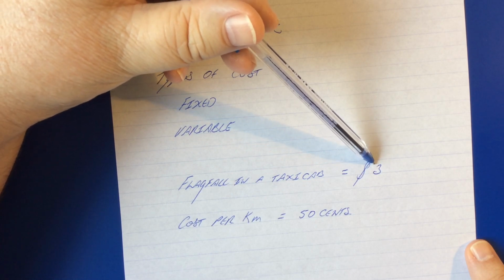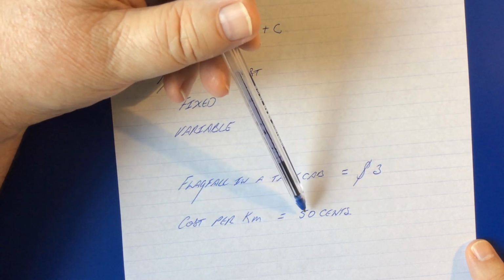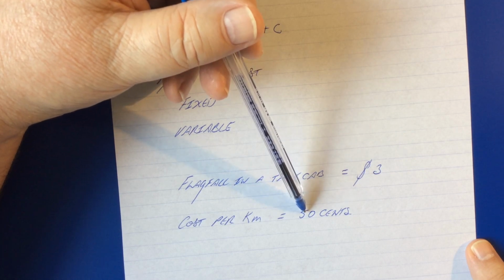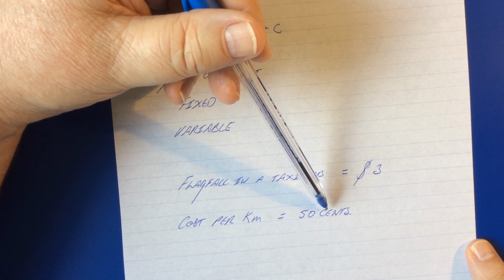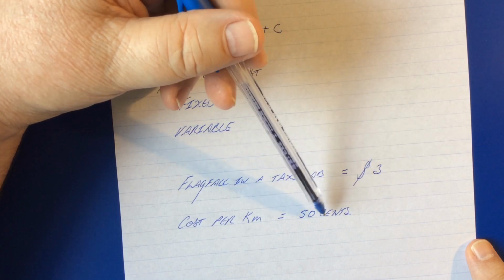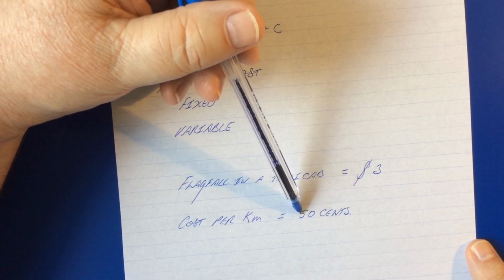That charge arises the minute you get in the cab. And then there's a cost per kilometre or per mile. I'm using kilometres. Again, I don't know what it is, but for convenience sake, I've said 50 cents. So no matter how far you go, you pay this. Depending on how far you go, you pay in units of this.